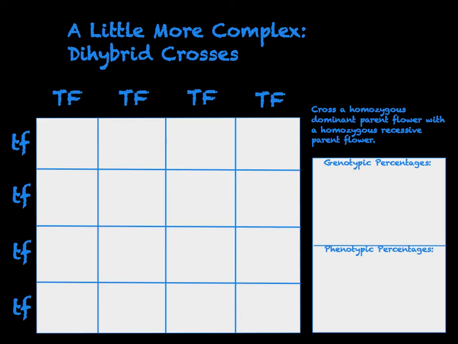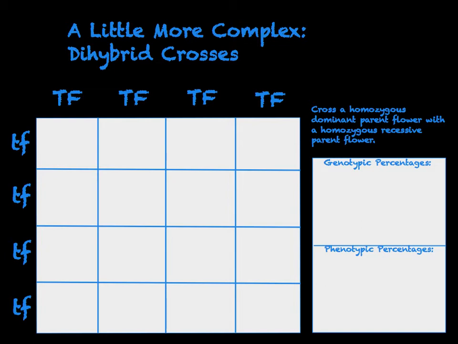Okay, so our question, I forgot to add it to the last slide, was cross a homozygous dominant parent flower with a homozygous recessive parent flower. I mean, that was pretty much common sense, but I still wanted to make it known. So, getting a little bit more complex into crossing dihybridly, you will essentially cross how you do with a monohybrid, but you make sure that your alleles line up with each other.